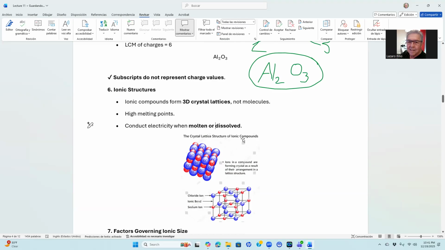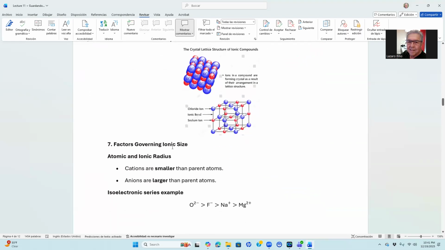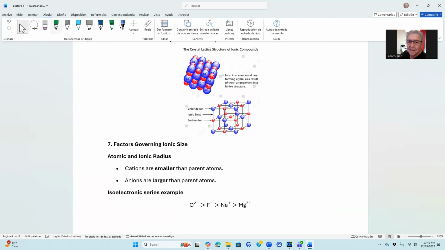These compounds have these characteristics. They have high melting points and conduct electricity only when they are melted or dissolved. When they are in solution, the ions are free and they conduct electricity. Let's continue. Factors governing the ionic size. Cations are smaller than the parent atoms. For example, let me show you something that you will understand immediately.